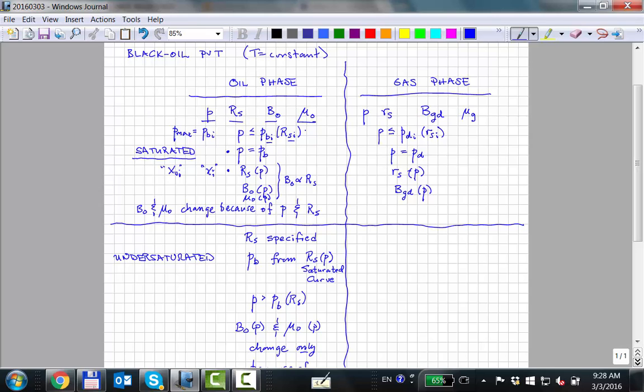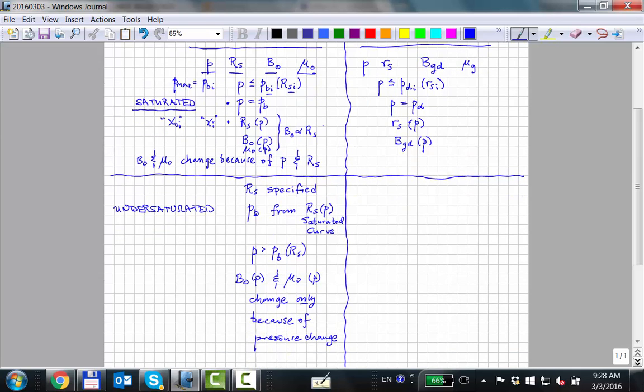So the viscosity is going to be increasing because the oil is becoming heavier. It's got less gas, less of the light components in solution. The oil formation volume factor you don't really have a relationship with yet, but it will be decreasing. And we showed pictures of that.